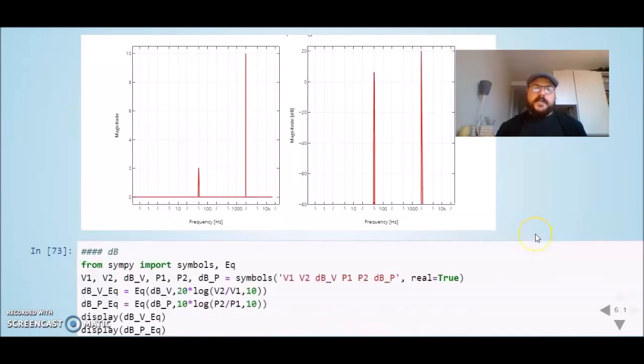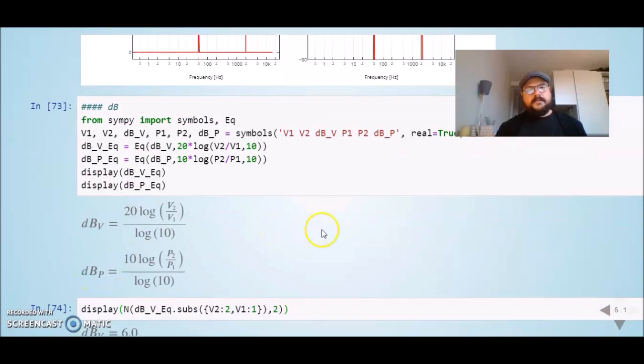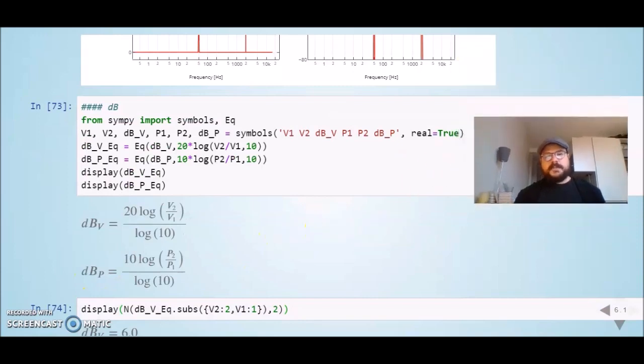So let's go back and revise the dB. So dB is a ratio, and now we have two different equations depending on whether we're dealing with voltage or power. Usually power is proportional to the voltage squared, and this is why we have this difference.